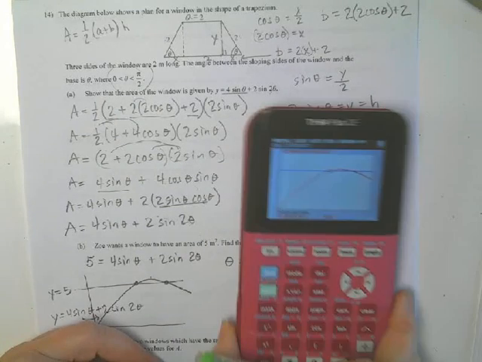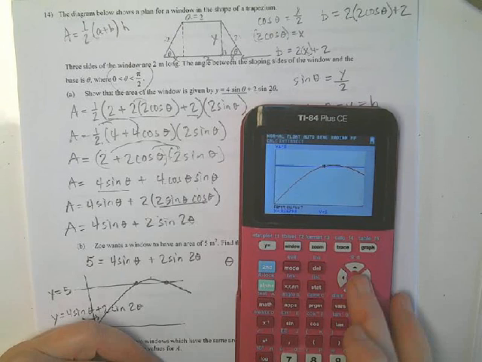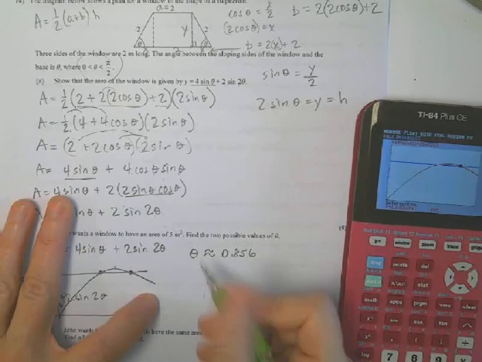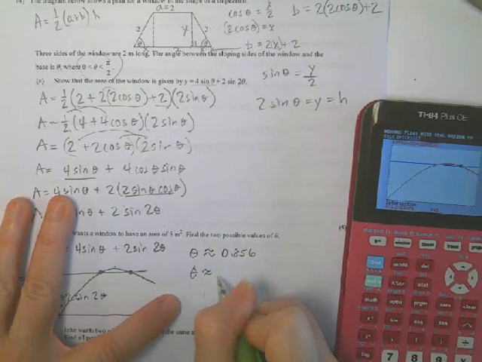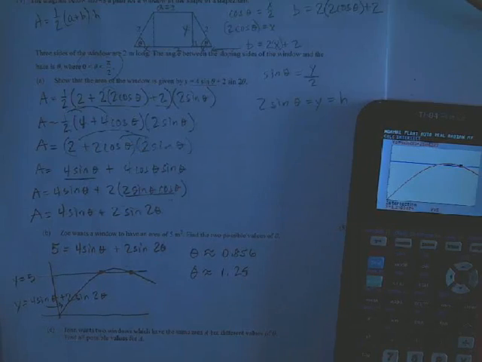Then I have to do it again. Intersection, go over to the other intersection, enter, enter, enter, and I get 1.25. So there are my 2 possible values for theta. Oh, and the lights just went out. There we go. All right, next thing.